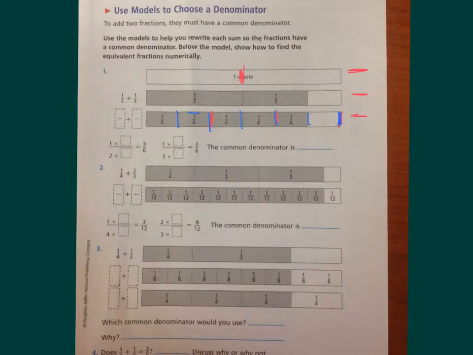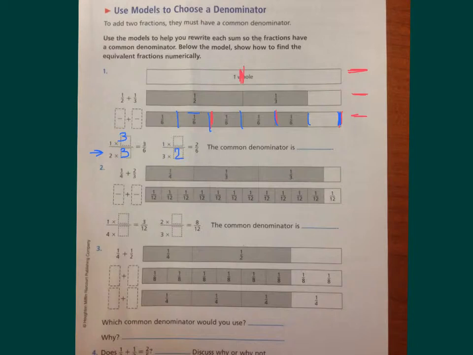And you have to do each fraction by itself to figure out what the equivalent fraction is with your multiplier. So what did I have to multiply 2 by to get 6? 3. Whatever I do to the top, do to the bottom. Or whatever I do to the bottom, you got to do to the top. You can be filling these in with me as I'm doing it up here. How did I get from 3 to 6? What did I have to multiply? 2.